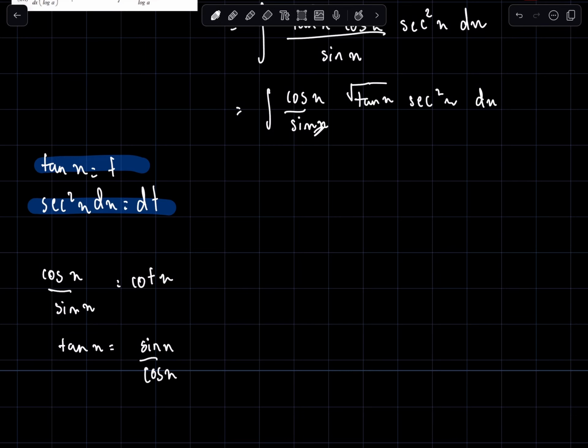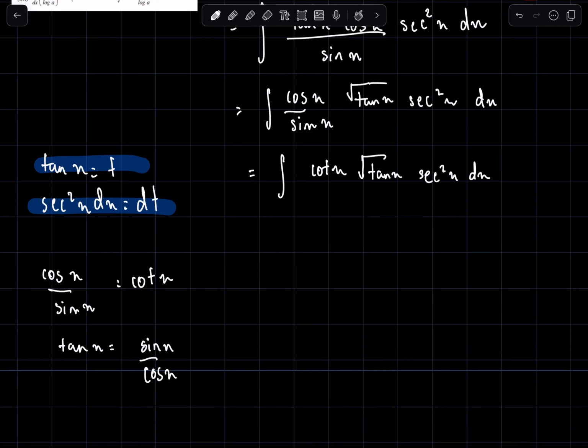So it's basically the inverse. So if it is the inverse, which it is, you can simplify this as cot of x root of tan x, correct? And then you have secant square x dx, right?